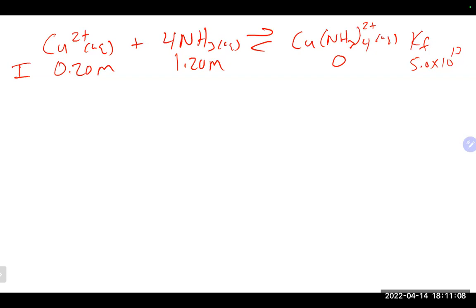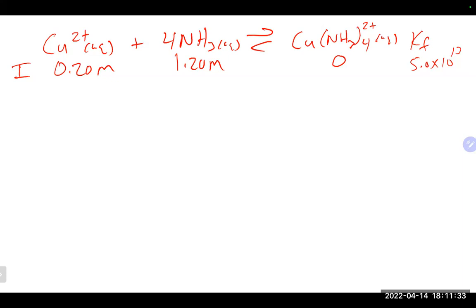That means that when we reach equilibrium, we're pretty much all going to the product side. That's fairly big, considering 1 is considered big and we're talking about 5 times 10 to the 13. So that's super big. One of the assumptions we make is that because the equilibrium constant is so large, the formation of that complex ion is definitely favored.